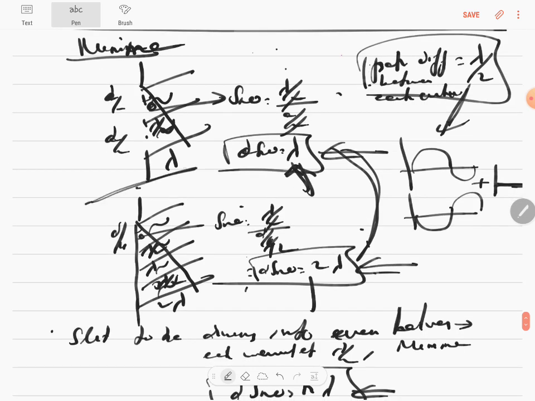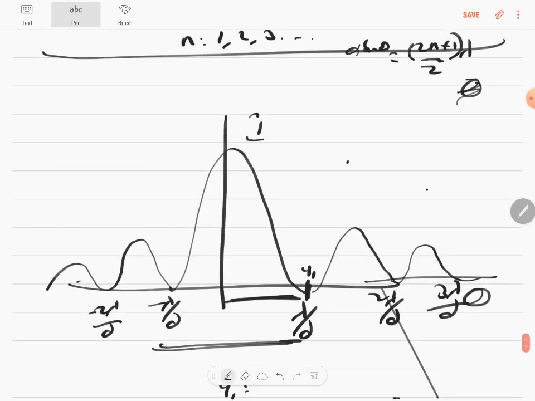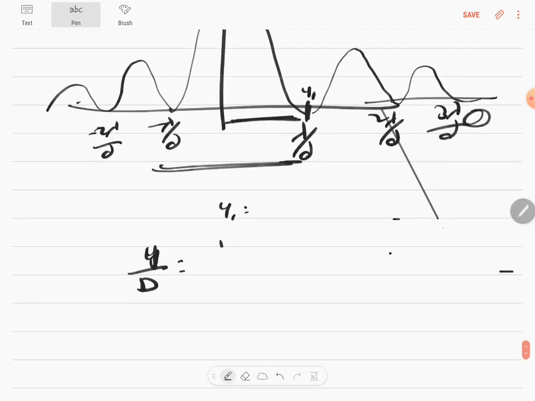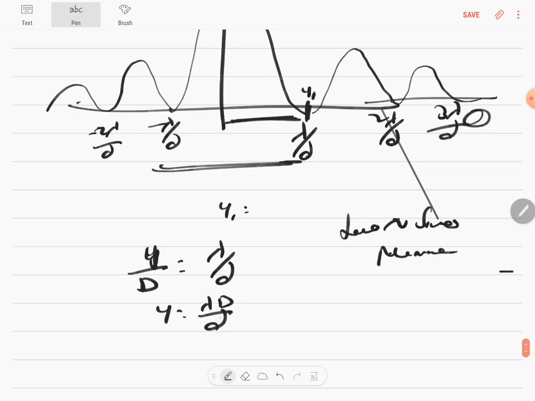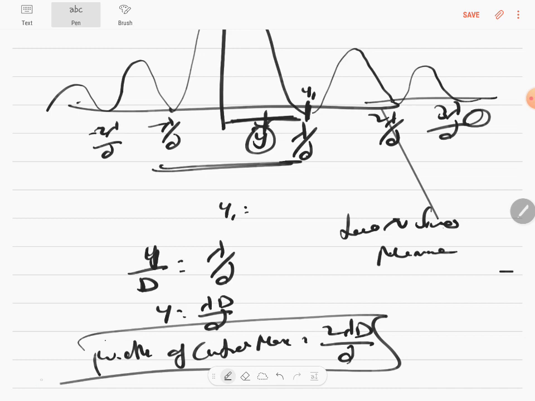We approximately take tan theta to be approximately equal to sin theta, and this is the condition I am observing for minima. Therefore y is equal to lambda into capital D by small d, which stands for this distance y. I have to double it to get the width of the central maxima. So the width of the central maxima is 2 into lambda into capital D by small d.